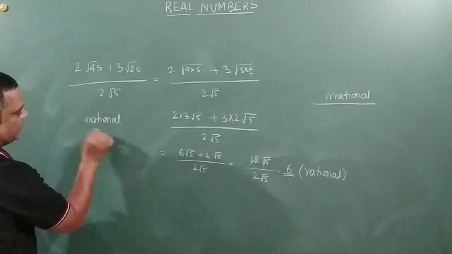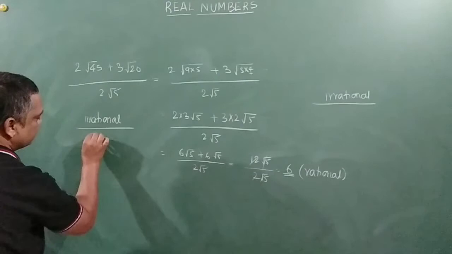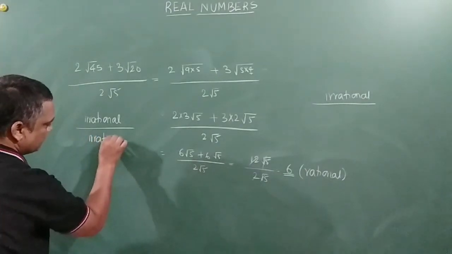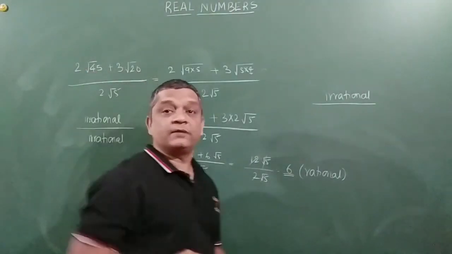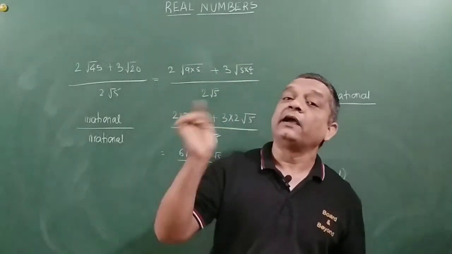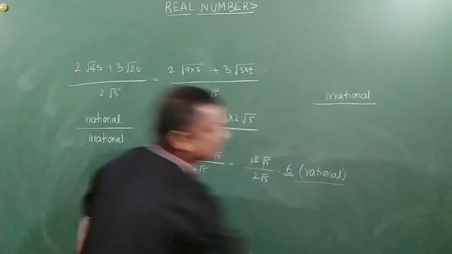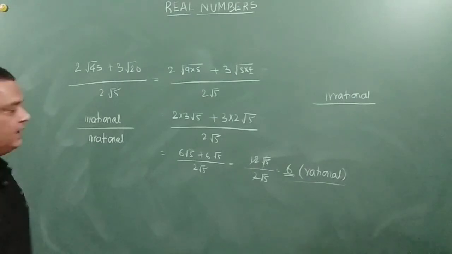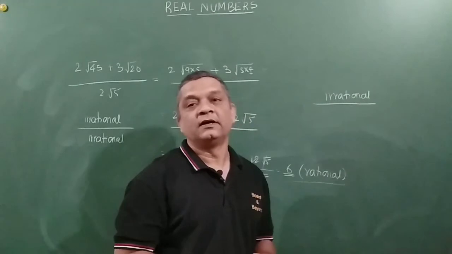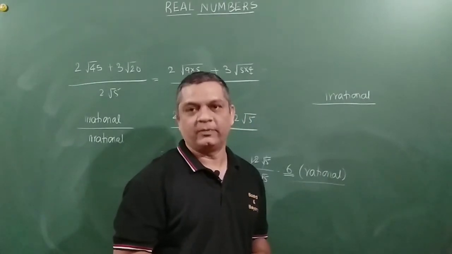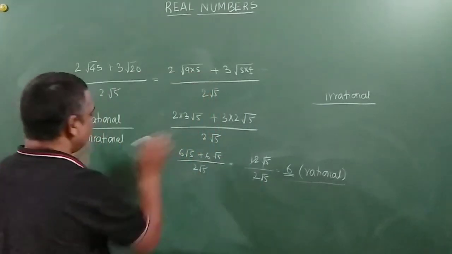Irrational plus irrational will be irrational only. Divided by, again this is an irrational number. Now please remember my condition. Irrational divided by an irrational can be either rational or irrational. In this case it is rational. You getting my point? There are certain situations when an irrational number divided by an irrational number will be a rational number.